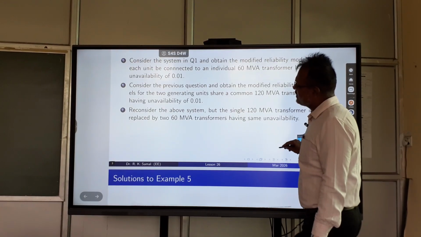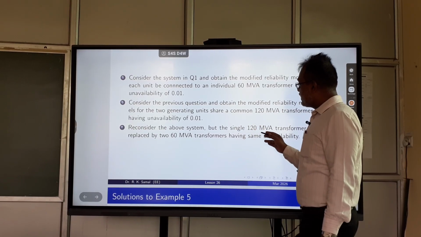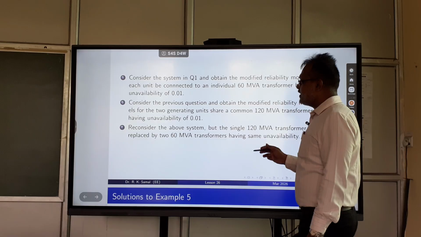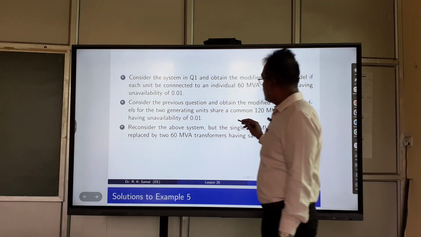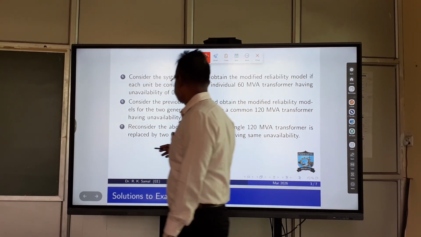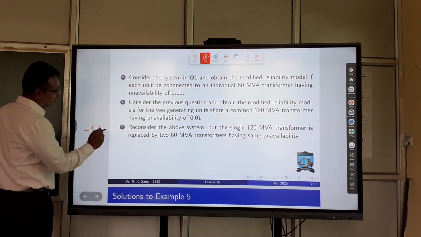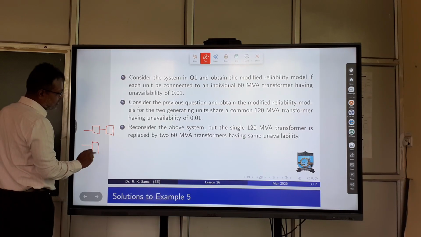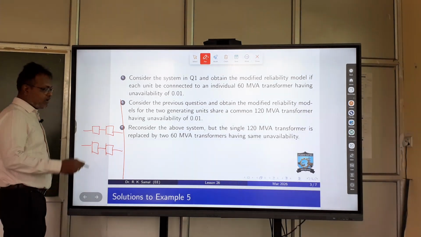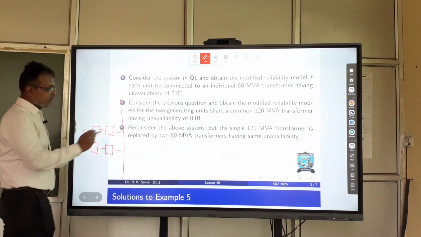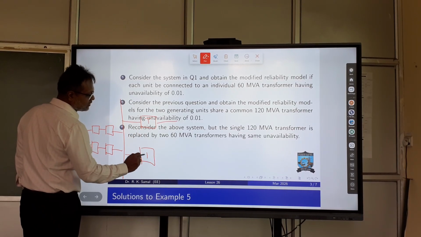This one is more complicated. Reconsider the above system, but a single 120 MVA transformer is replaced by two 60 MVA transformers having the same unavailability. In this case, you have a boiler and a generator, a boiler and a generator, but instead of individual transformers, you have one transformer and another transformer.